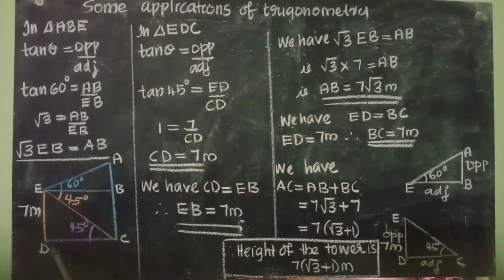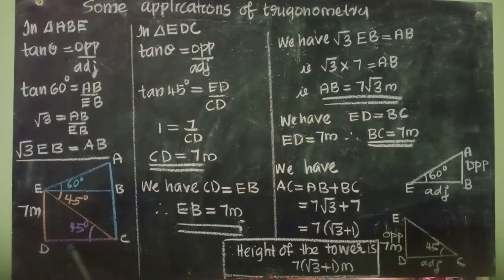Now, you see the figure. This is CD. This value we got, 7 meter. But we know this CD and EB both are equal lines because it is the distance between this building and tower.